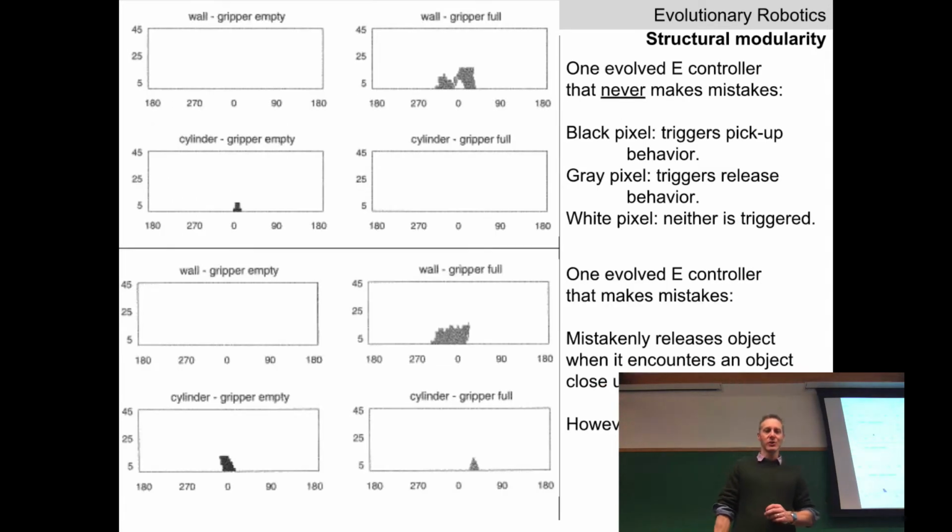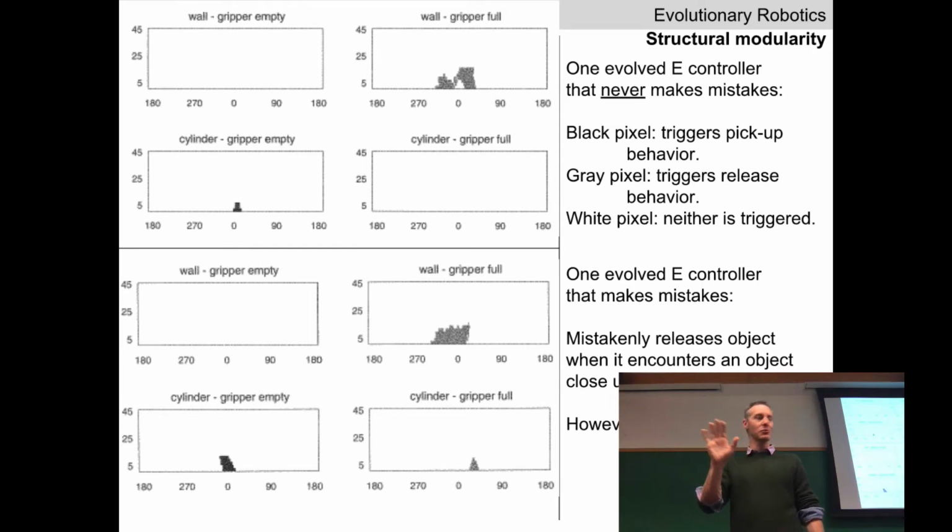So what does this look like? Well, let's take one evolved E controller, which you see in the top 4 panels, and let's start with the upper left panel here. So they took that E controller, put it in the robot. The robot had its gripper empty, and they placed it at a number of distances away from the wall, close to the wall, or far from the wall, and then either facing directly towards the wall, or with the wall on the robot's right, or with the wall on the robot's left, right?